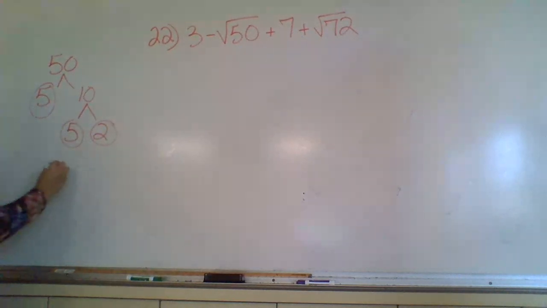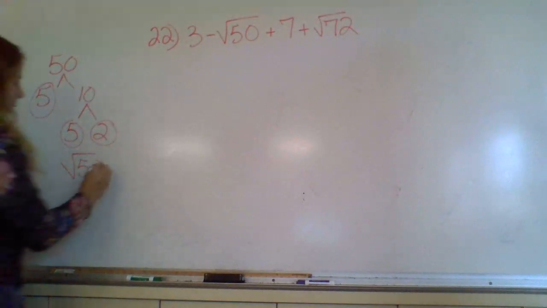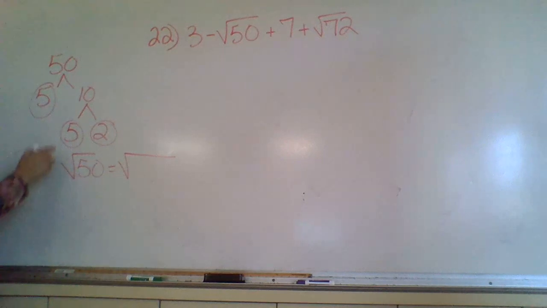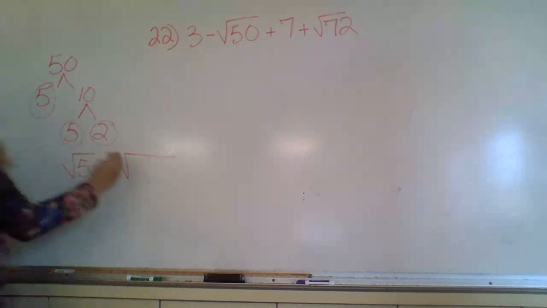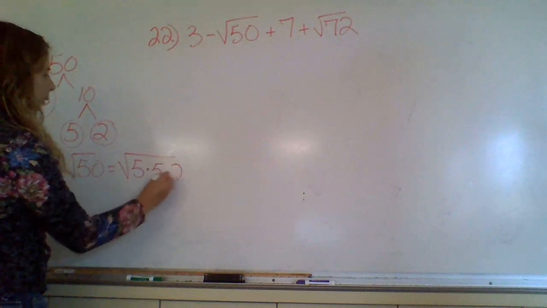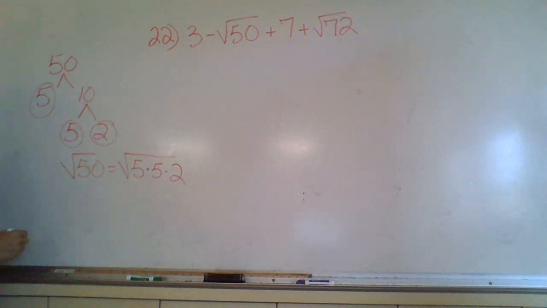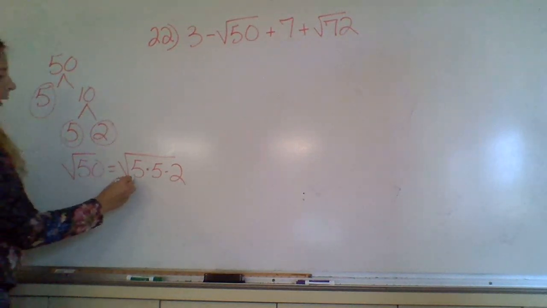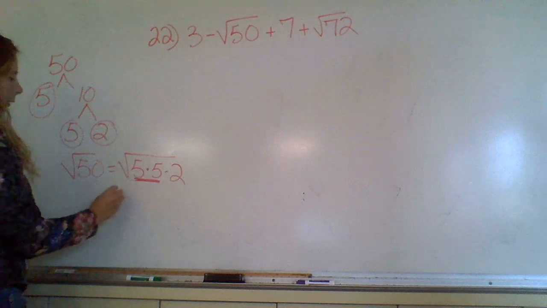So the square root of 50 equals the square root of its prime factors: 5 times 5 times 2. Looking for groups of 2, so I have 2 5s, so I can pull out a 5.